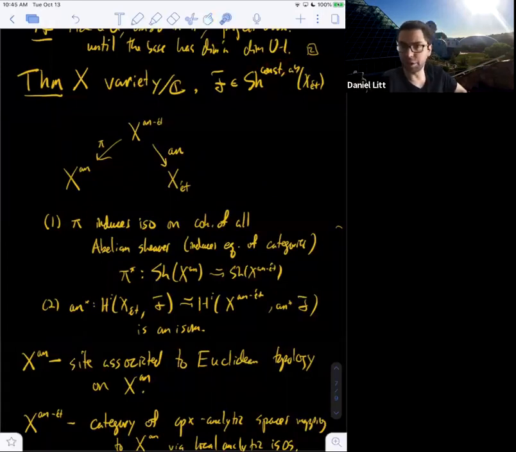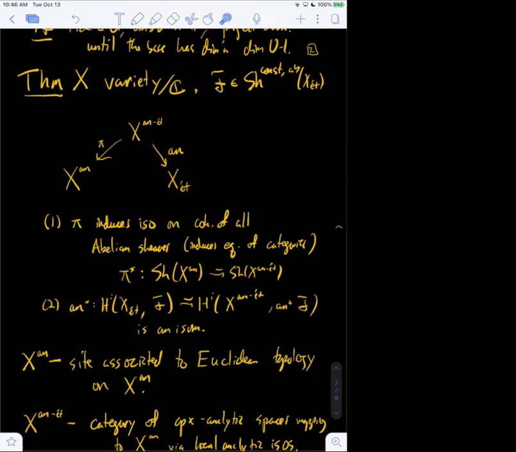This is a statement about constructible sheaves, so you would have to make sense of what it means to be a constructible sheaf on the analytic étale site. At least for the reasonable notions of that I can think of, it won't be an equivalence of categories, because there are a lot of closed subsets here that are not Zariski closed.